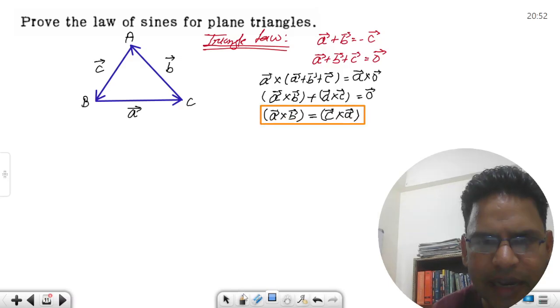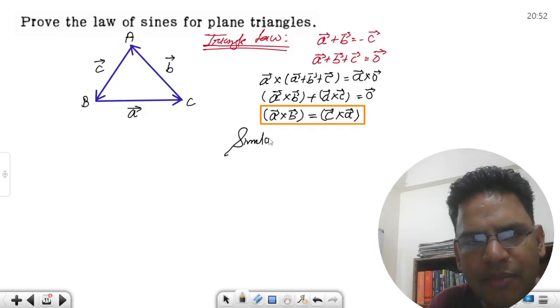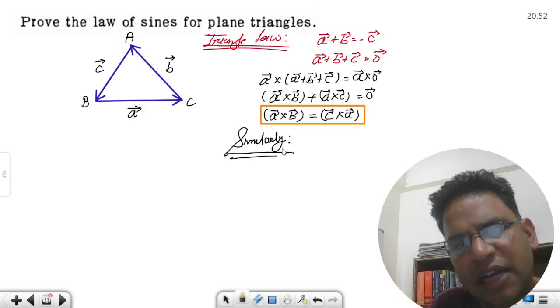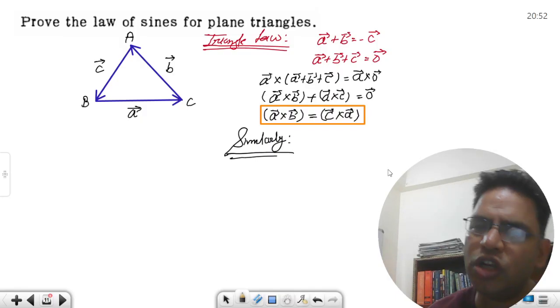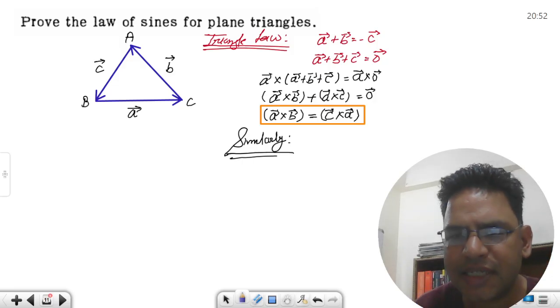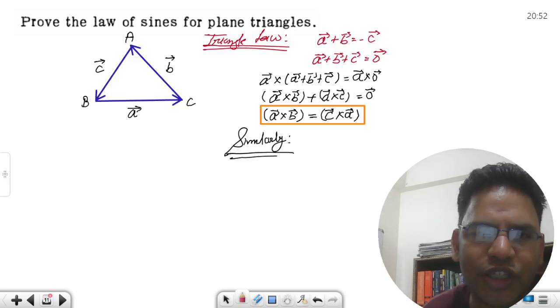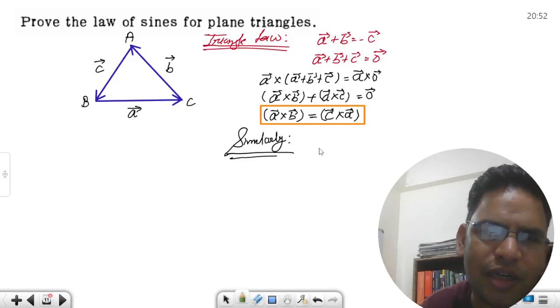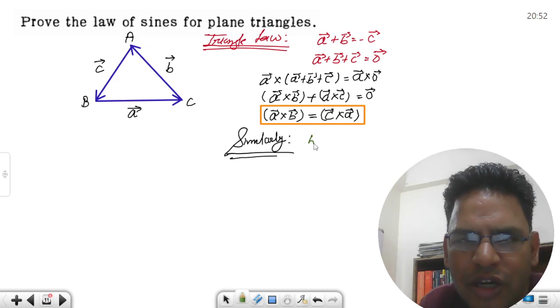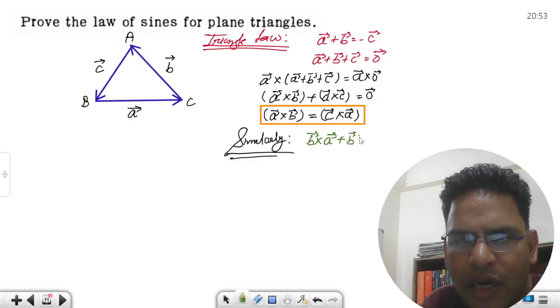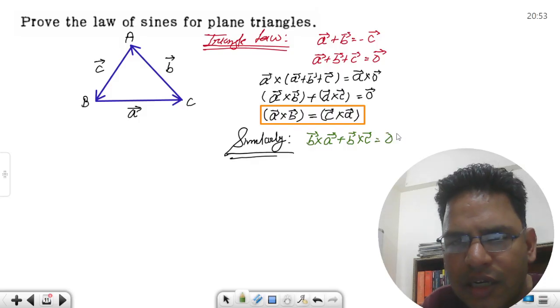Similarly, now look carefully, slowly we are going to build a mathematical skill set. Sometimes we will commit mistakes, but over a period of time you will get expertise. Now B cross the whole equation: B cross A, B cross B is 0, you are going to get B cross C equal to 0 vector.